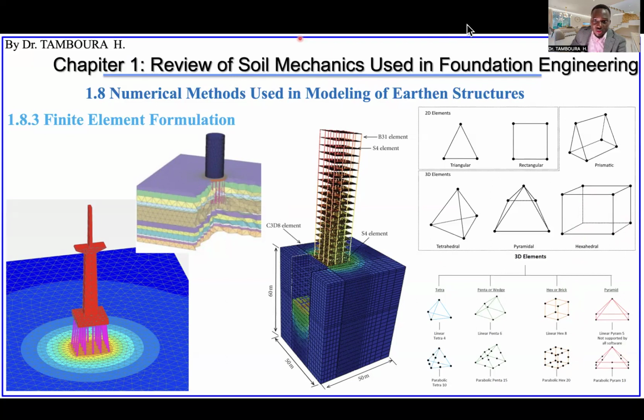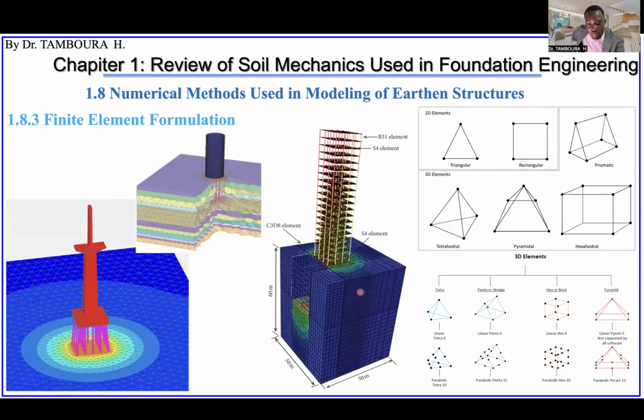So the first step is to choose what type of element you are using. Some software have many types. Some software have only one type of element, and you don't have a choice.